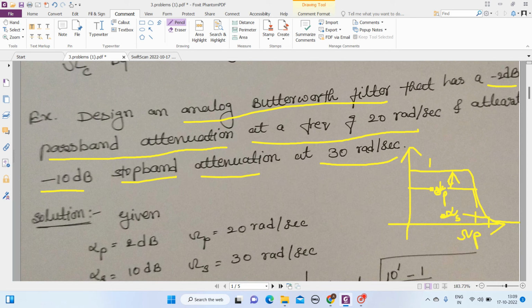This is the stop band frequency, isn't it? This is alpha p, means it is the pass band attenuation. It is the stop band attenuation. This is the pass band frequency. It is the stop band frequency. Okay, so usually for attenuation we will use the unit decibel, right?